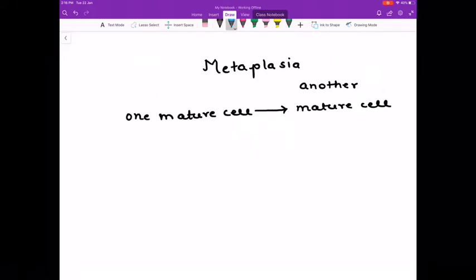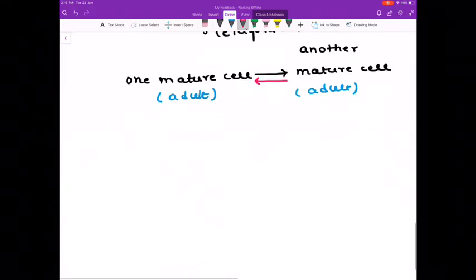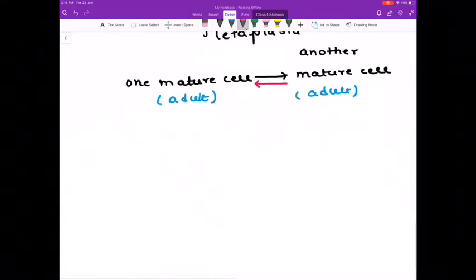M for metaplasia, M from mature to mature, or adult cell type to adult cell type. This is the definition of metaplasia, multiple times asked in the recent examination. This is the entry level question, but there are many more questions to come from this topic.